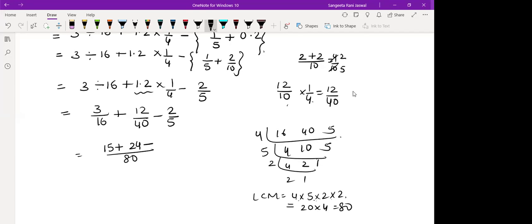So how many times 5 will give me 16? 16 into 2, 32. Okay. So when you have two signs here, I will add first. So that means this is 39 minus 32 by 80. So this gives me 7 by 80.